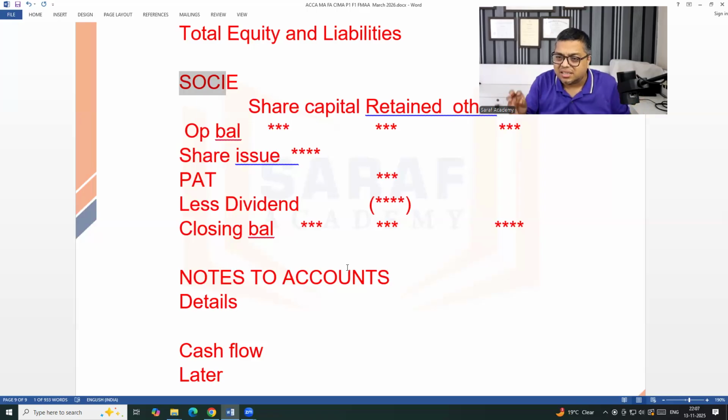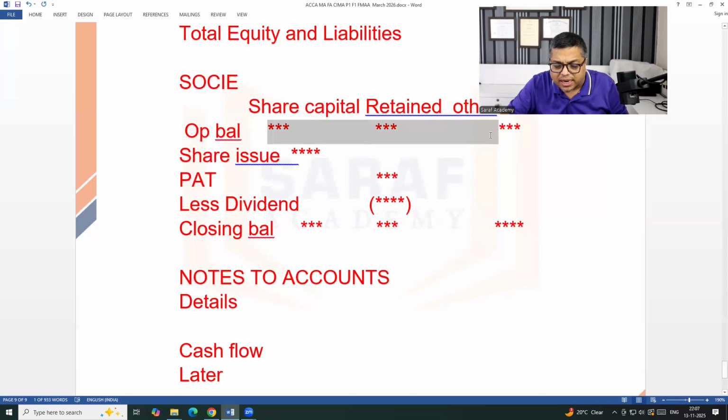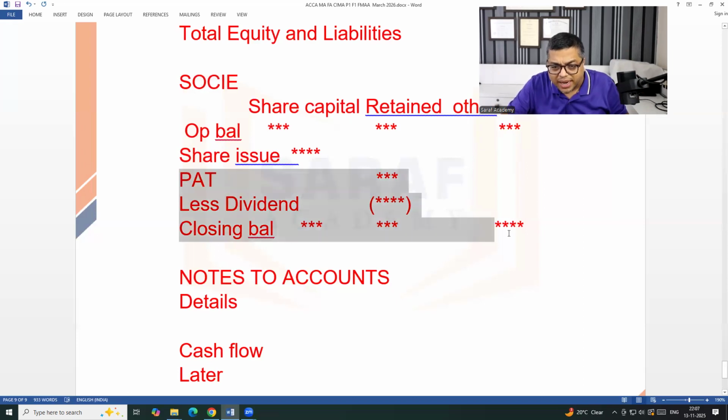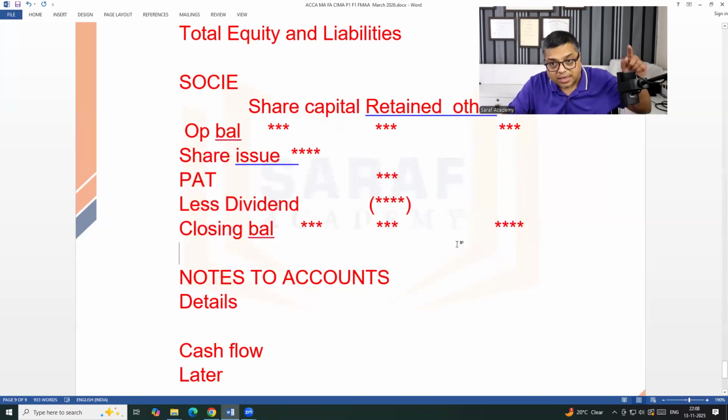Accounts is not science. For any transaction, there are 2-3 options. But you will select the option which will make your financials good. So if you do any dubious accounting, window dressing, ultimately it will increase or decrease your retained earning and reserves. So when we read those items here, we will understand what window dressing is done.